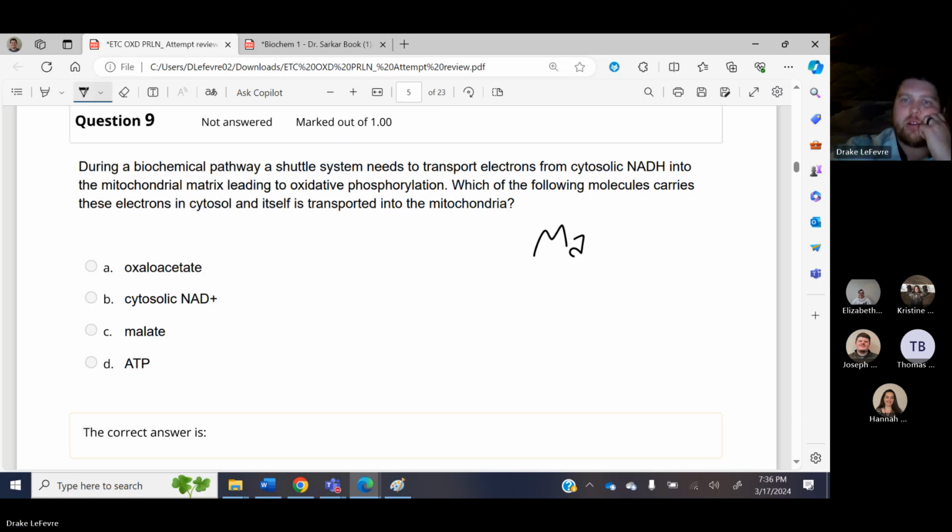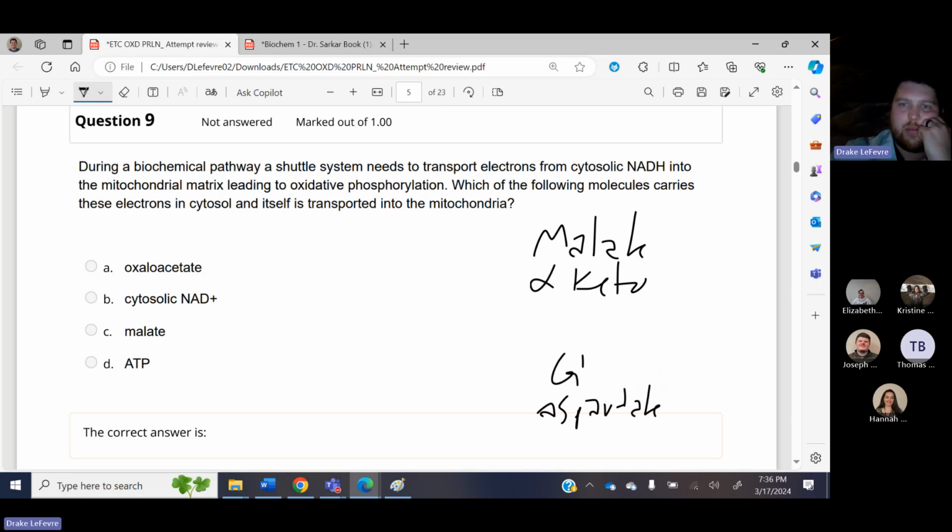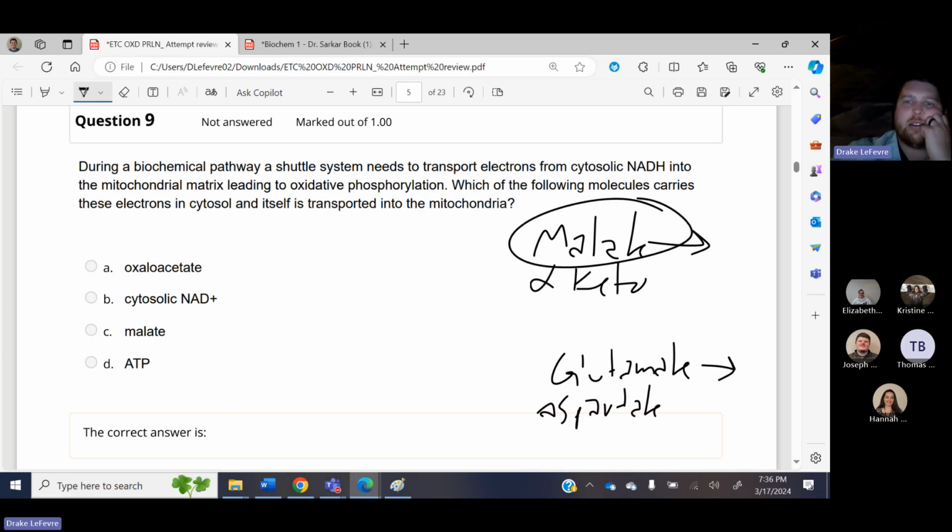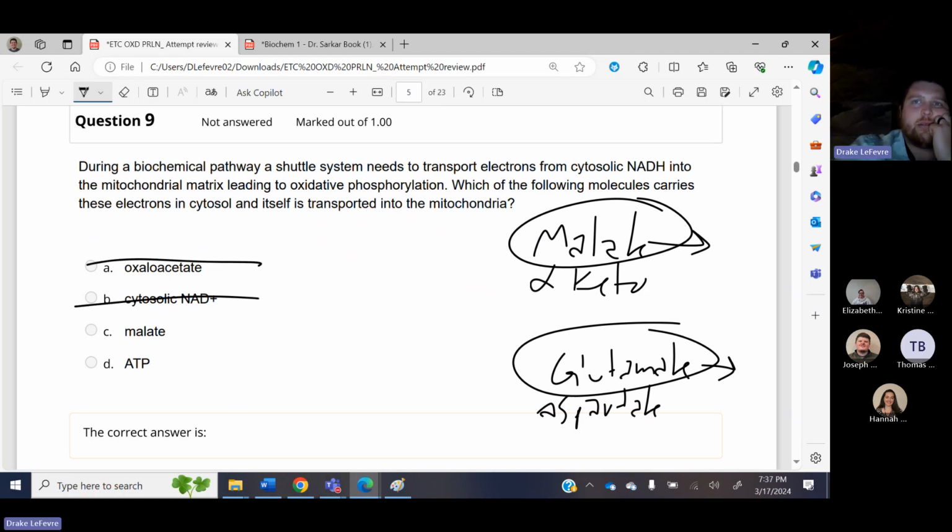We have our malate alpha ketoglutarate carrier, and then the aspartate glutamate one. We're talking about going in. Malate goes in. Glutamate goes in, so it's one of those two. It's either the malate or the glutamate. The only choice that's here is malate.